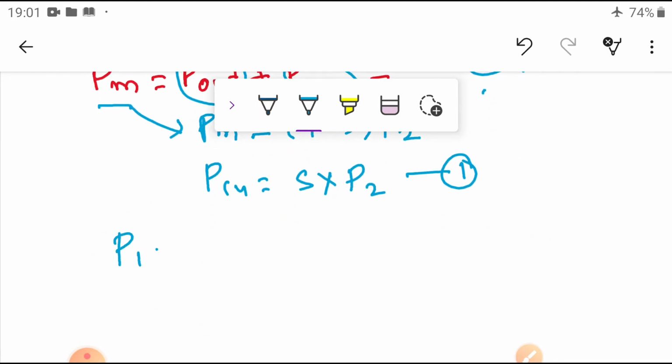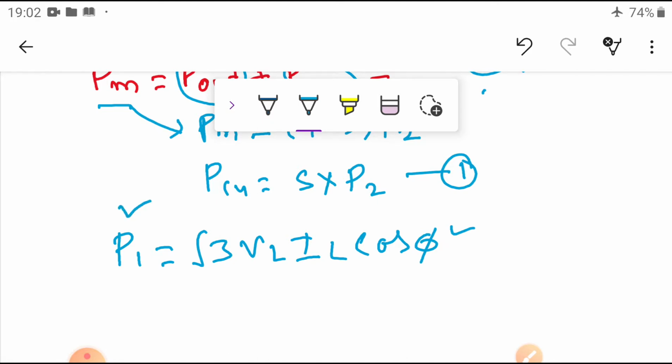P1 is equal to root 3 VL IL cos phi. Power factor is given. P1 is calculated, root 3 is constant, VL is directly given, 400 volts. So IL I can find. Now we got all values.